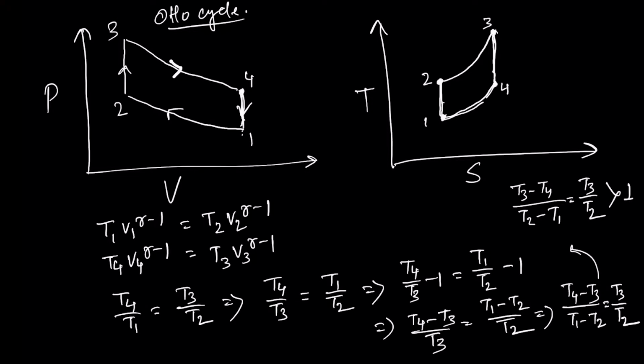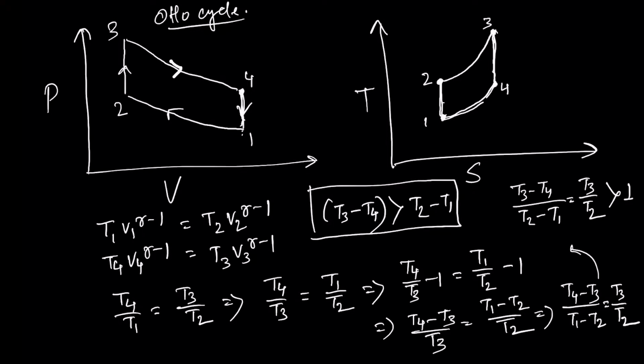So, this is greater than 1. If this is greater than 1, that means T3 minus T4 is greater than T2 minus T1. So, the temperature difference between 3 and 4 has to be larger than between 1 and 2. So, this line will be smaller and this line will be bigger.